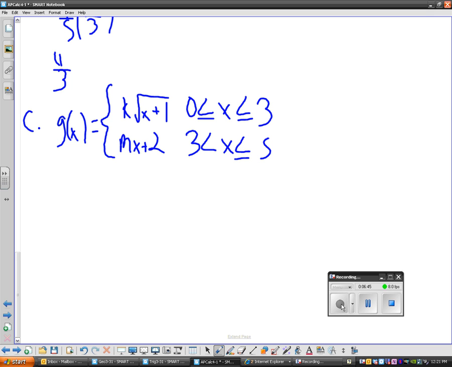Now, the fact that it's differentiable means that the derivative exists. So let's go ahead and take the derivative of g of x.